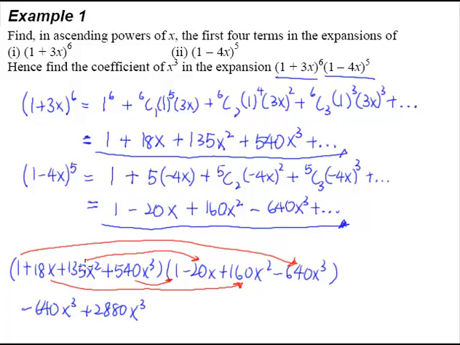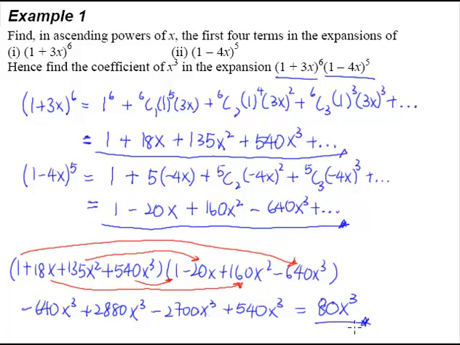Next we have 135 multiplied by negative 20, which will give us a negative 2700 x cubed. Lastly we have our 540 multiplied by 1, which will give us a positive 540 x cubed. So when we sum it up, we will have 80 x cubed.